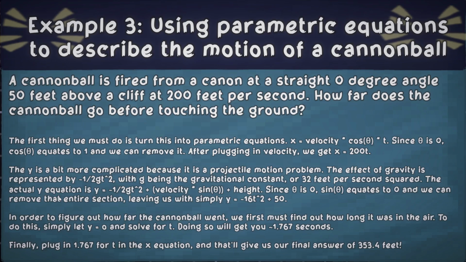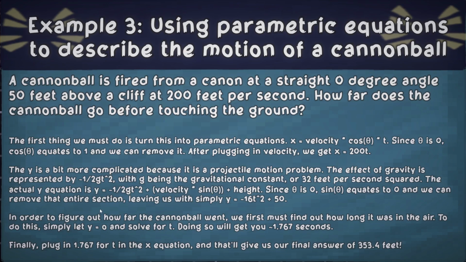So for the y equation, we can represent it as what we had here, -1/2 gt squared, plus the velocity times the sine of theta, plus the height. And again, since theta is 0, the sine of theta is also 0. And since we're multiplying velocity by 0, that'll become 0, and we can just remove this.